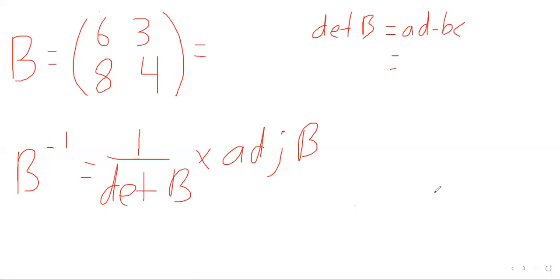So this will be A, B, C, D. A by D is 6 by 4, which is 24. Subtract B by C, 8 by 3, which is 24.